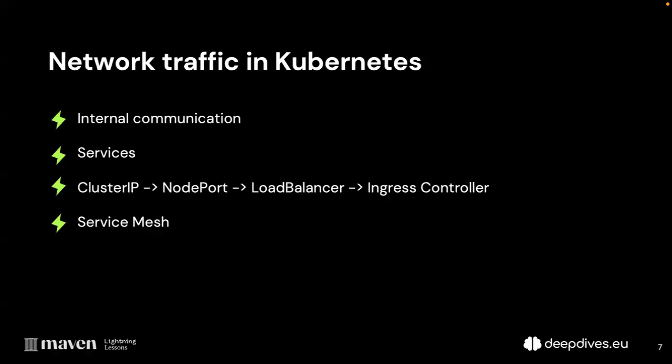Cluster IP is a really Google style of doing things. It's a bit of a hack, to be honest. So with a cluster IP, when we are creating a Kubernetes cluster, the Kubernetes API server as configuration needs to have an IP range that is not routable on your network.